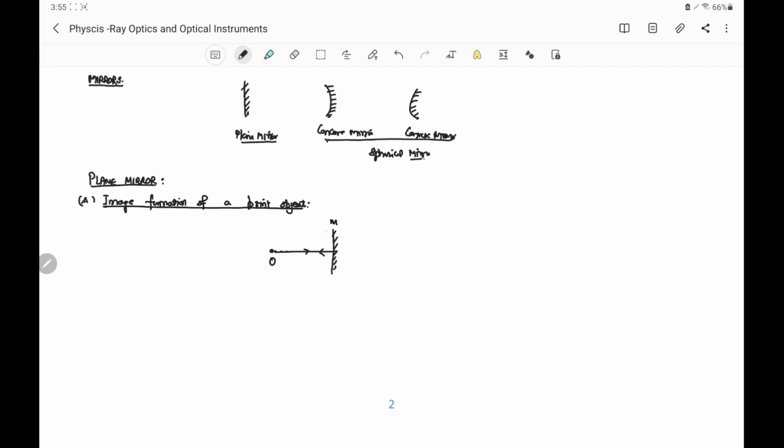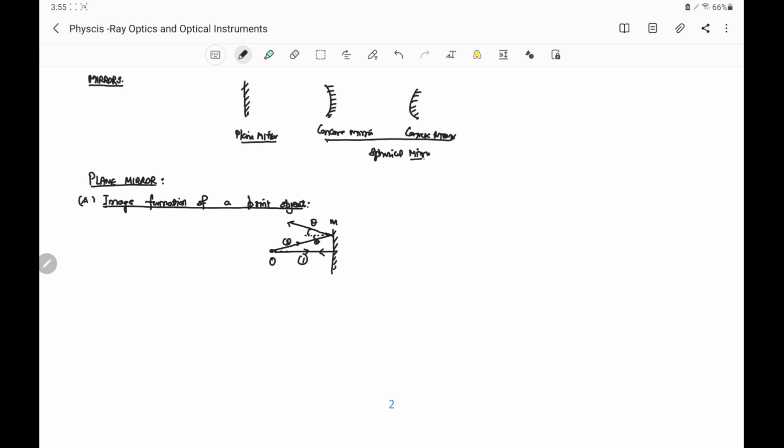Similarly, if we take another ray which strikes the mirror at an angle, say theta, this is incident ray number 2, then it is also reflected in the same medium with the same angle theta.